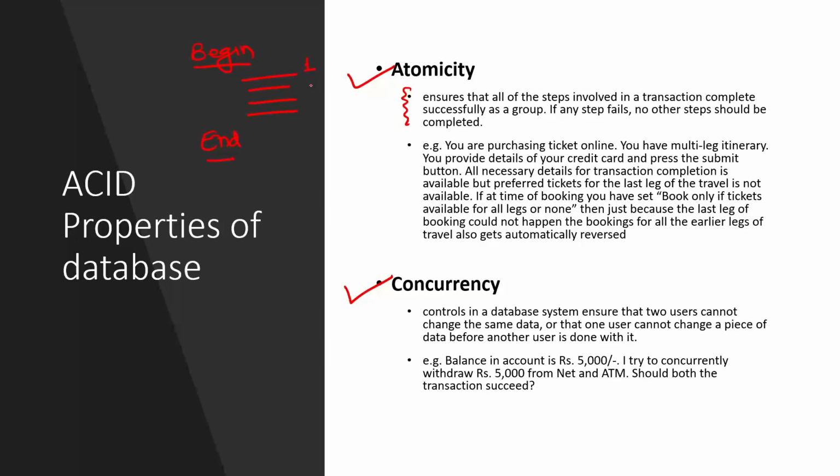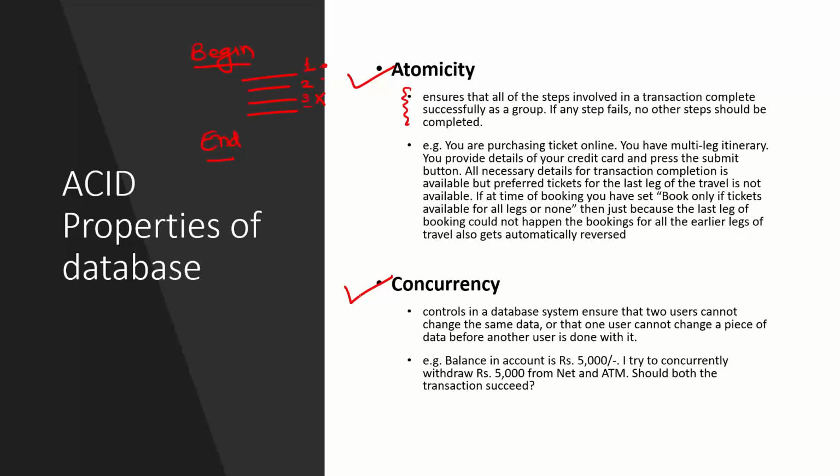When you execute it, the first query executed successfully, the second executed successfully, the third failed. Because this is a group, atomicity says either all of them should be successful or none of them. Because it failed at step 3, whatever changes you did in step 1 and step 2 will be rolled back. They should not be committed. They should not be successful. That is the meaning of atomicity.